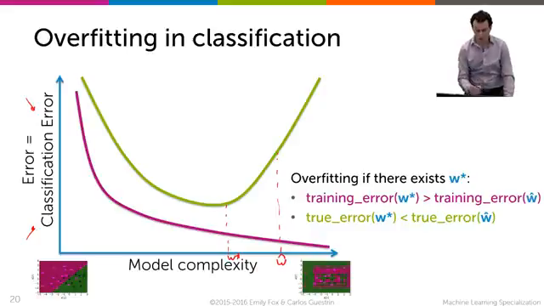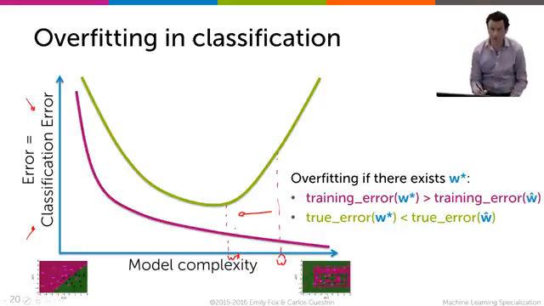And the question is, how do we push our learning process to be more like w star than it is to w hat? And we'll do that by pushing our parameters to be not as massive, not as huge, push them towards 0, as we did with regression, with regularization.